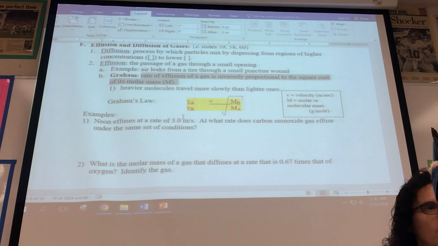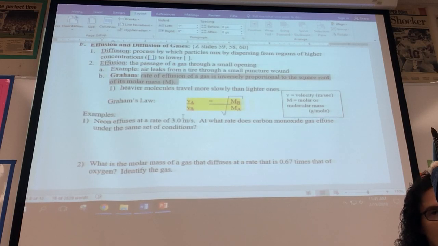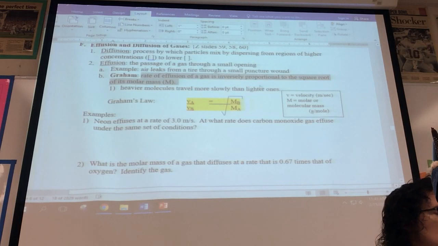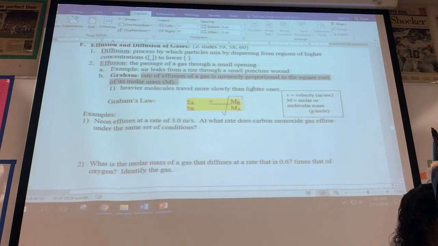And you can think of it this way: if you ran a race against a 450-pound person, I would hope that you would win. So the greater the molar mass, the slower you move. The smaller the molar mass, the faster you move. So inversely proportional to the square root.